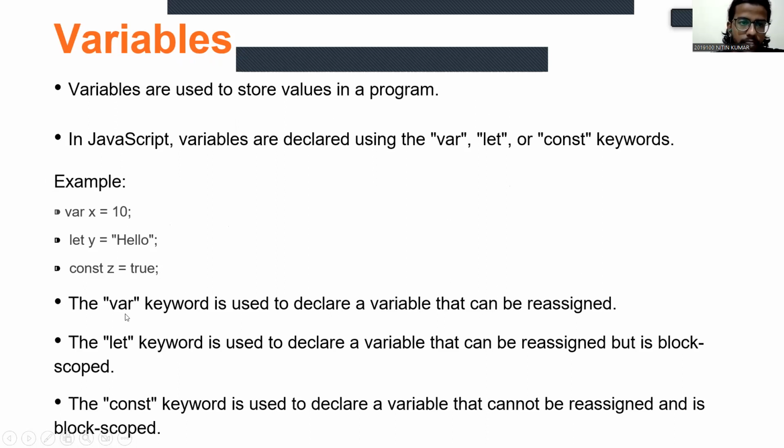The difference is that a var can be declared again in our code, and we can reassign its value, and it is global, so it can be declared anywhere in the code. Coming to let, it can also be reassigned, but it is block scoped, meaning its use is only in a particular block of code. So we can reassign the value of let also, but in const we cannot reassign the value of the variable, and it is also block scoped.